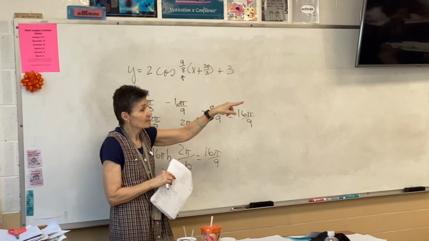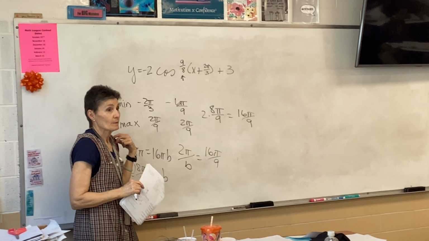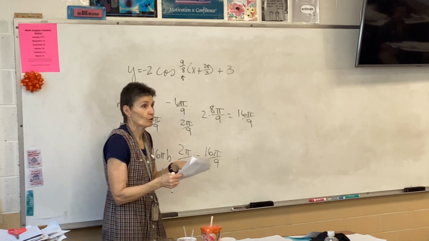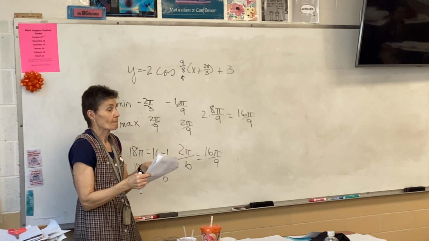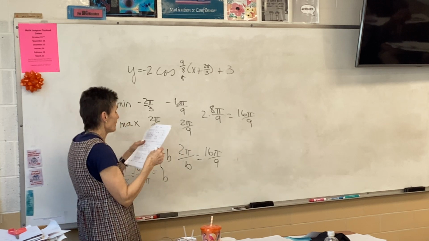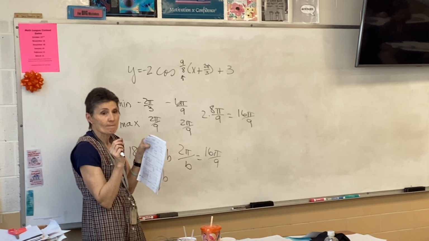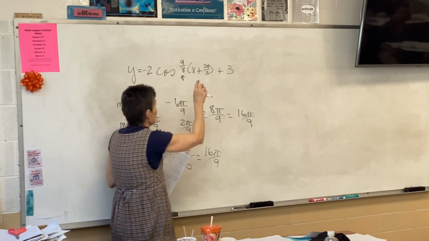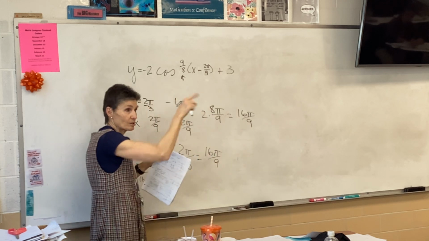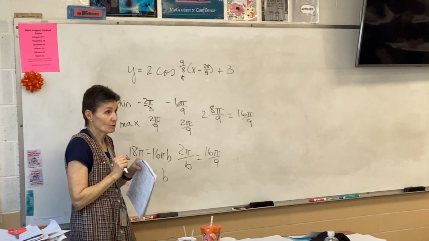If you did that, then you're going to have to make your 2 negative, because if you start at negative 2 pi over 3, isn't your curve upside down? Right? Now, what if I chose to start it at 2 pi over 9? Then this would be x minus 2 pi over 9. That moves it to the right. And this would be a positive 2.